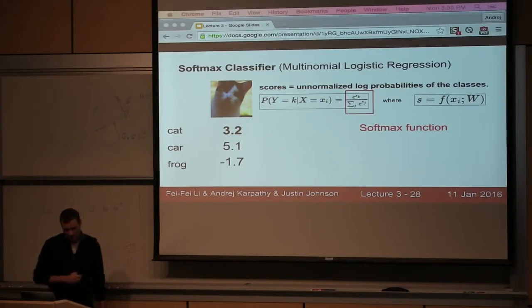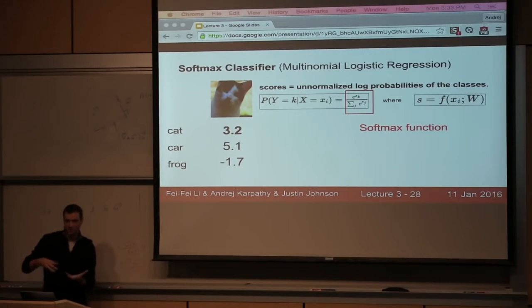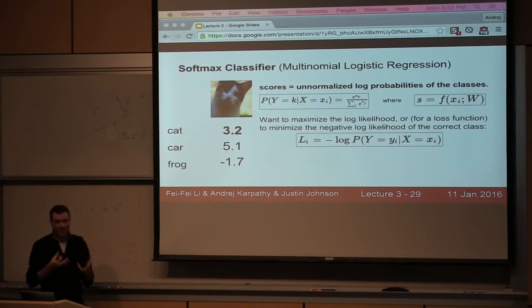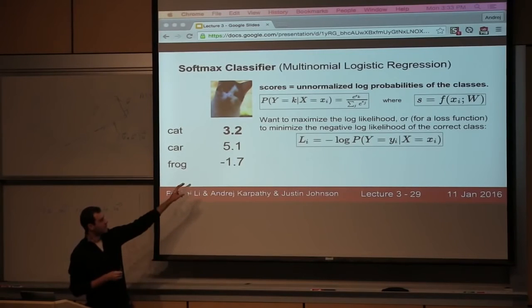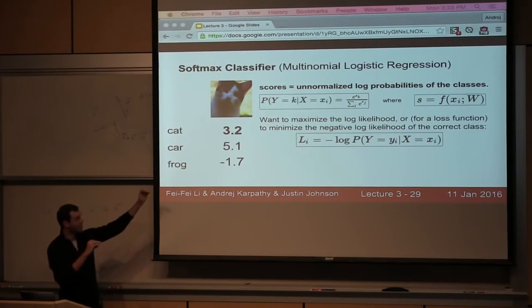Okay? And so if we're in this probabilistic framework where we decide that this is the probability of different classes, then it makes sense in terms of what you usually want to do in this setting. We have probability over different classes, and one of these is correct. So we want to maximize the log likelihood of the true class for the loss function.